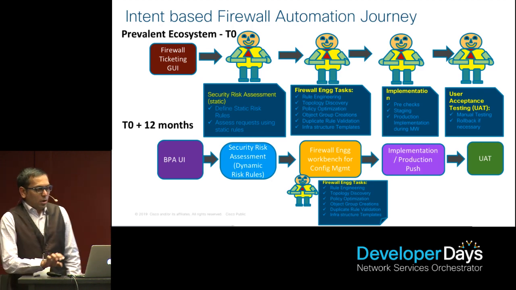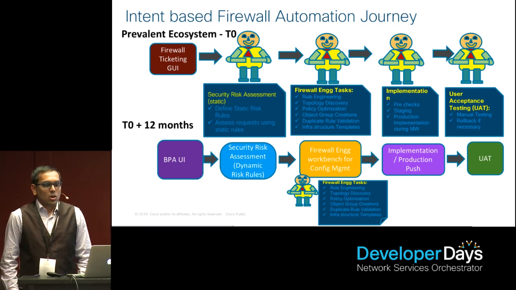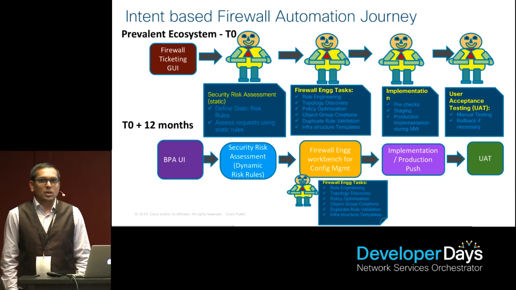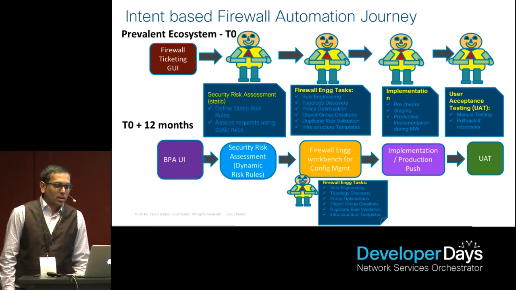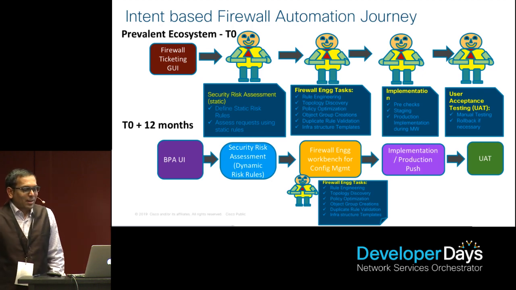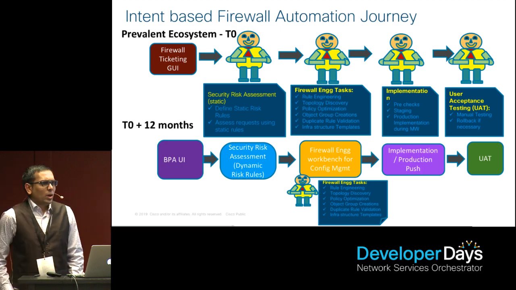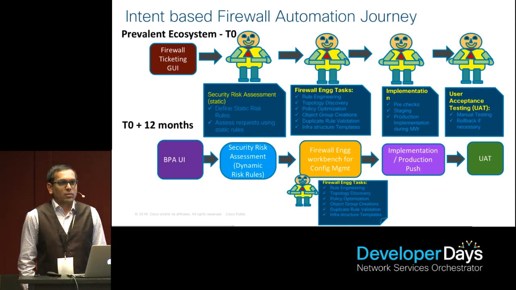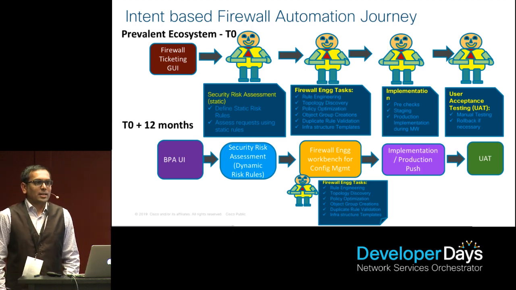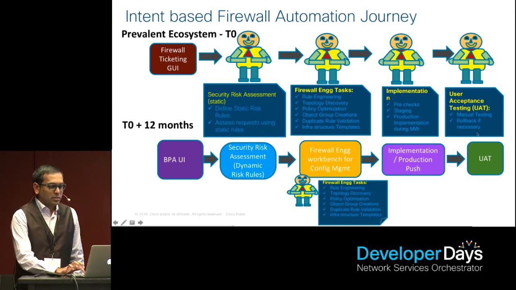Typically, the perimeter security firewall request commences with the end user submission of rules to obtain access to certain applications and services via a firewall ticketing UI. Subsequently, the security engineers categorize work to vet these requests, evaluating them based on a static listing in an Excel spreadsheet, categorizing them into criticality based on a pre-canned list of IP addresses.